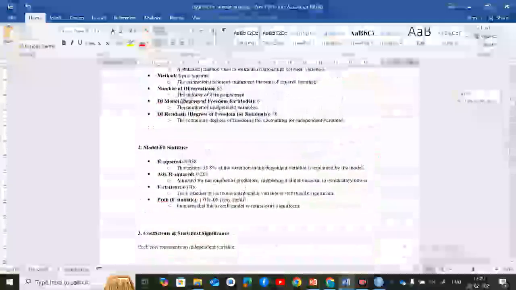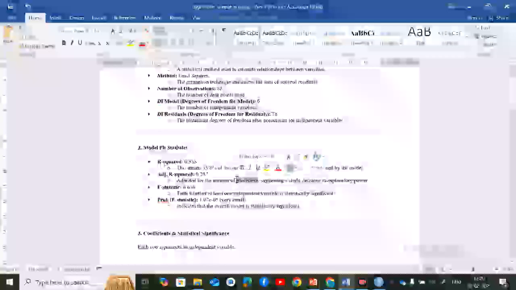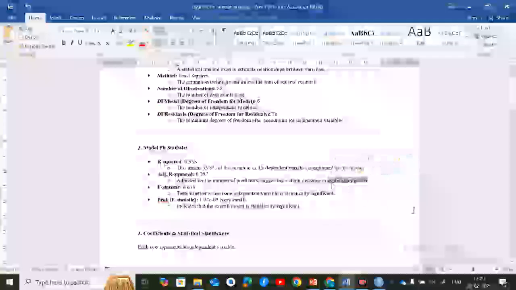And what is adjusted R squared? Adjusted R squared accounts for the number of predictors. Here we have 6 predictors, suggesting a slight decrease in explanatory power. For example, if you have 10 independent variables and you add 5 more, the explanatory power of your model may decline.